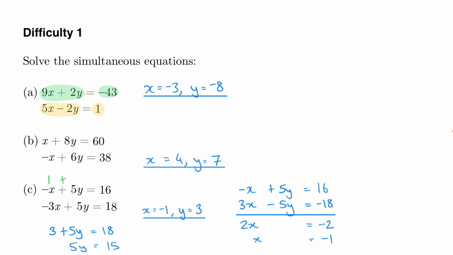And we're going to add that to 5 lots of y, 5 lots of 3, so that's 15, and 1 plus 15 does give me 16, so we know we've got that one right. So there we have it. Our solution to this set of simultaneous equations is x equals -1, y equals 3.